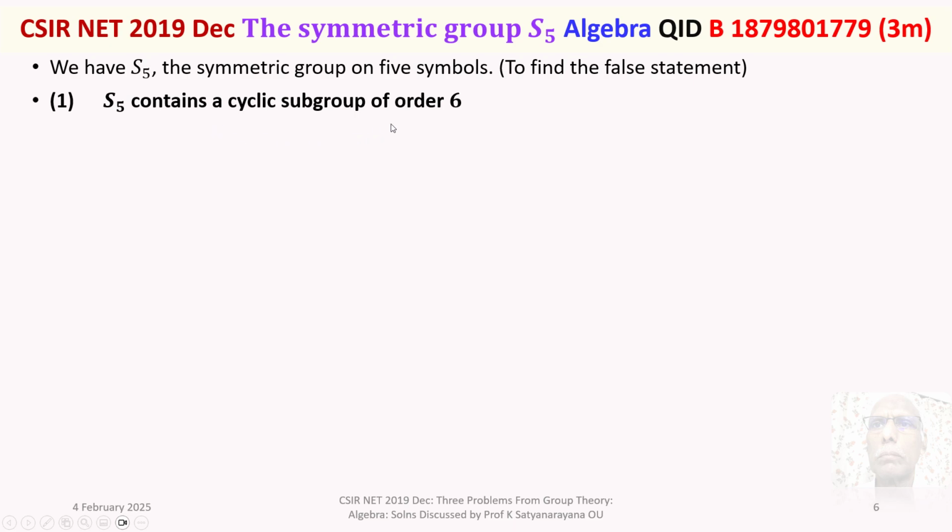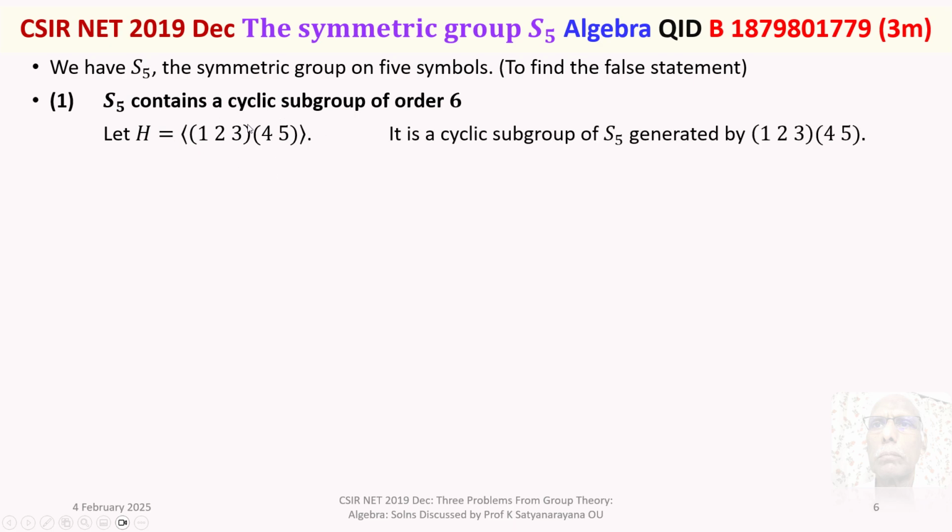We have to show the existence of a cyclic subgroup of order 6 in S5. So, let H be the cyclic subgroup generated by the permutation (1 2 3) multiplied by the transposition (4 5). It is a cyclic subgroup of S5 generated by this permutation, which is the product of 2 cycles.